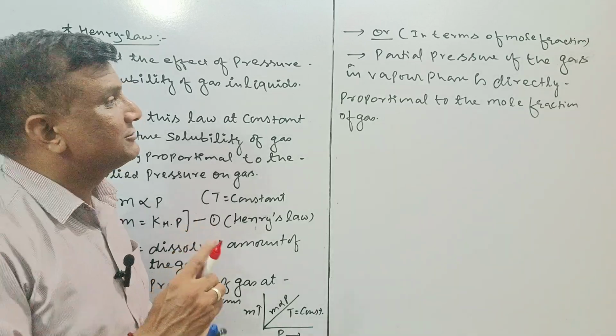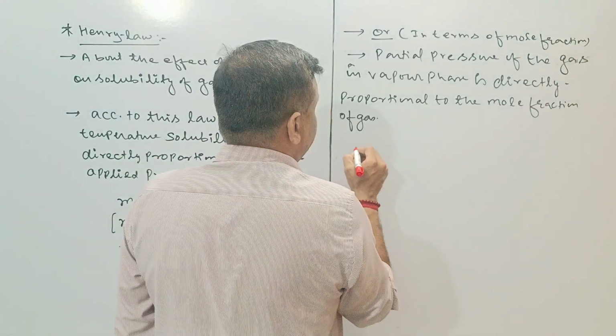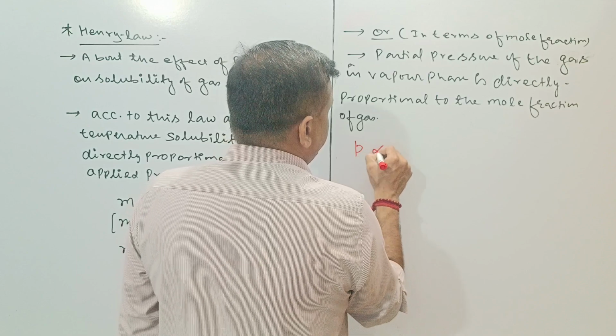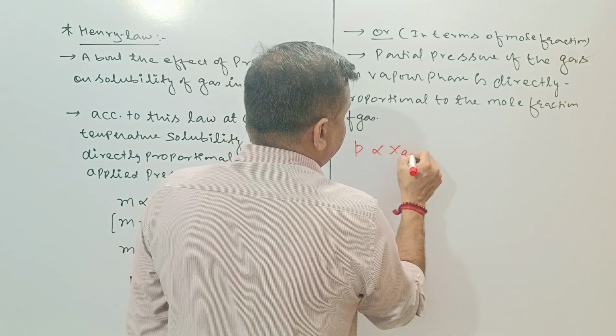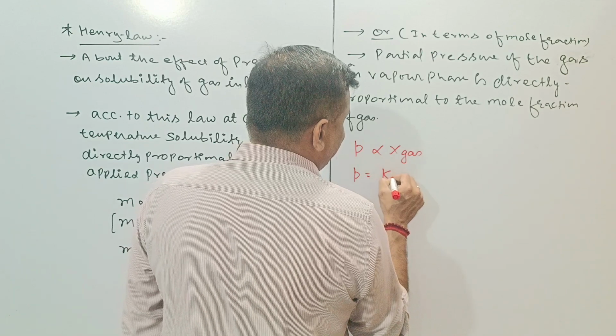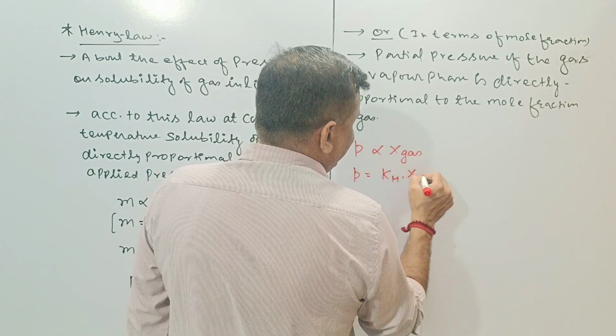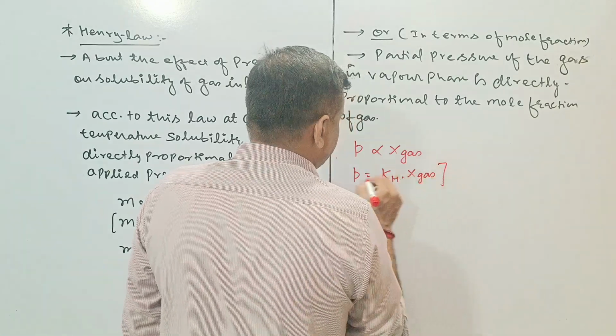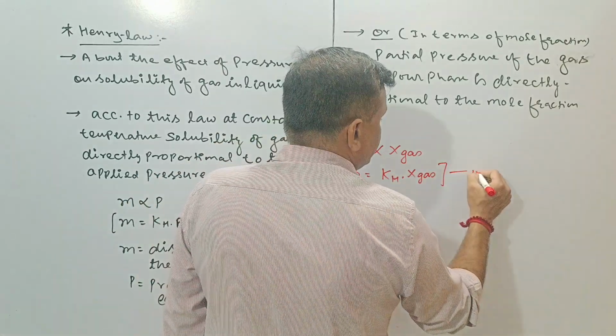If we go with this law, then it is as follows. The partial pressure is proportional to x of gas. Here P equals KH times x of gas. This is the second form of Henry's law.